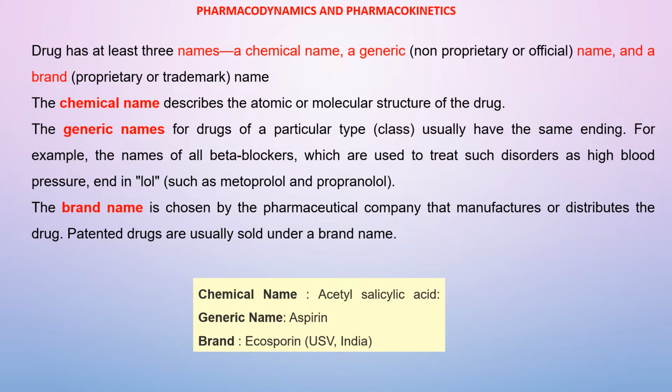After the expiry of the pharmaceutical company's patent, the drug can be sold under the generic name. Example, ibuprofen or the brand name Advil or Brufen. This is a non-steroidal anti-inflammatory drug to reduce pain and fever.